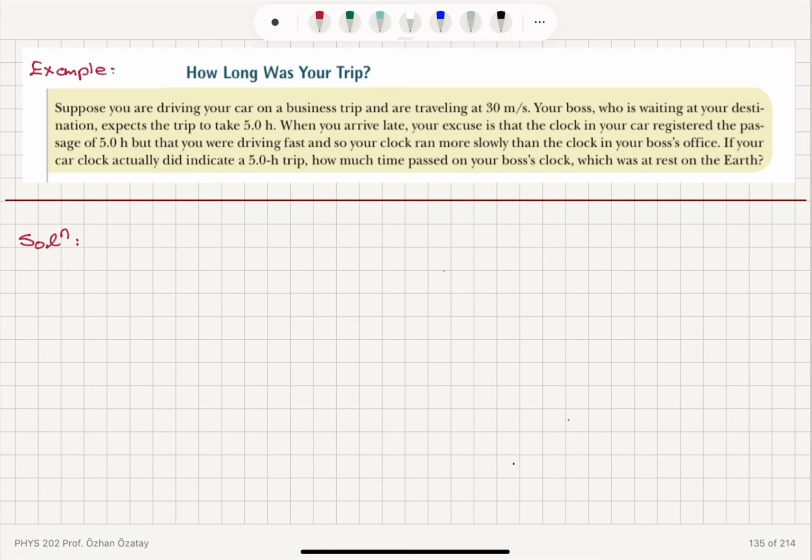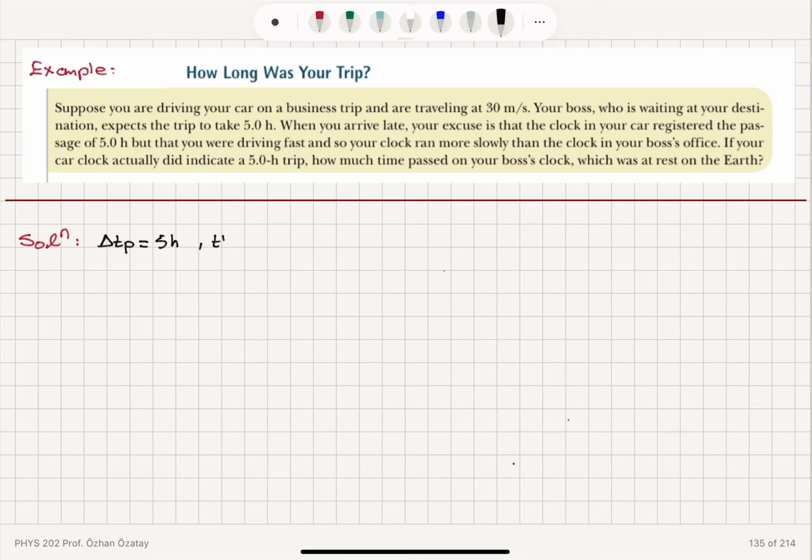Okay, so the person driving in the car is basically recording a start point and end point. The start point and end point are the same because we are at the same point in the car. So the proper time interval, delta Tp, is 5 hours.